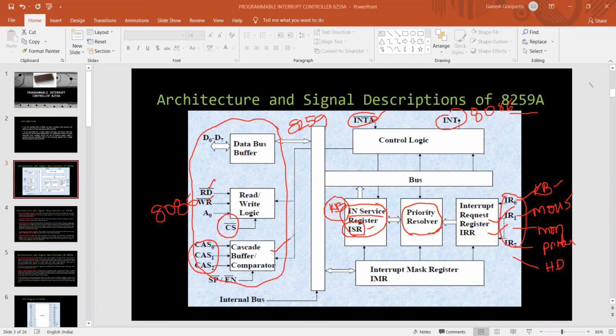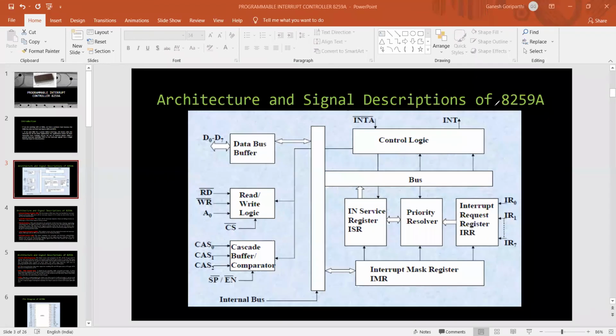What is this block? Cascade buffer comparator. If you observe here, I told you before starting off this architecture that a single 8259 chip can handle how many requests? 7 requests.